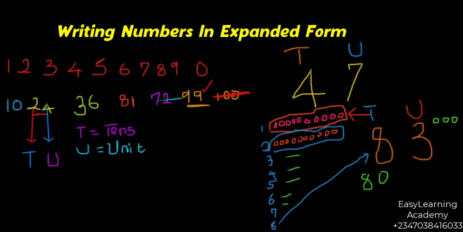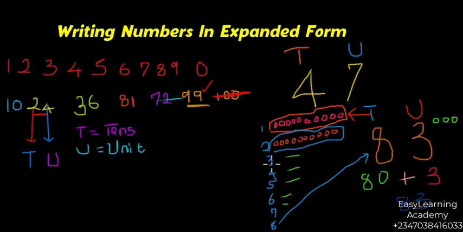And if we come to the units and count the total number of apples that we have in units, we counted 1, 2, 3. It's still 3. Now if we add them together, that is 80 plus 3, it will give us our answer. And what was our answer? The number we had here was 83.